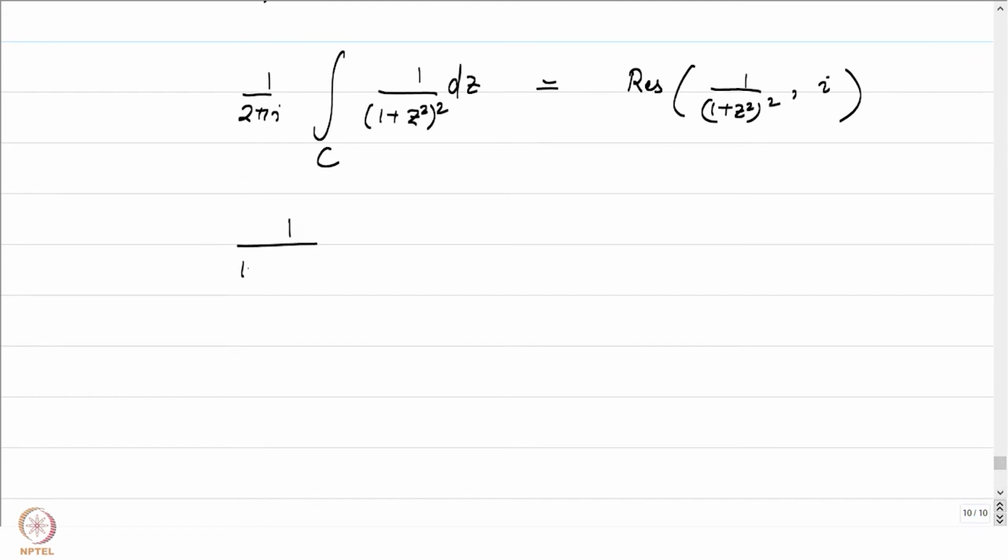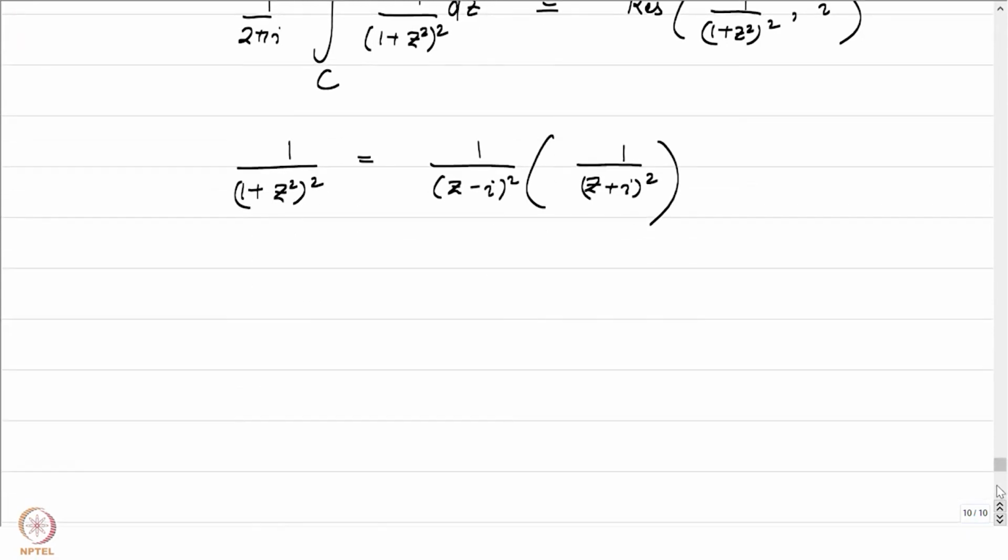So, 1 by (1 plus z square) the whole square is actually 1 by (z minus i) the whole square into 1 by (z plus i) the whole square. Now, consider the power series expansion of 1 by (z plus i) the whole square, so suppose 1 by (z plus i) the whole square is equal to some summation b n (z minus i) to the n.